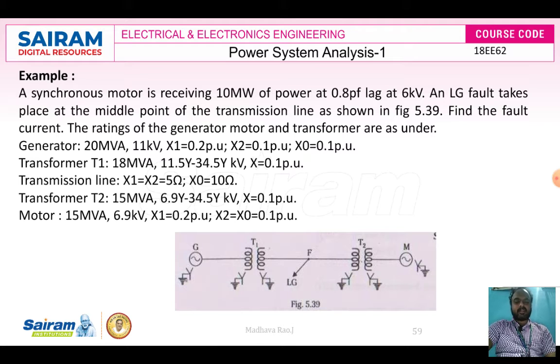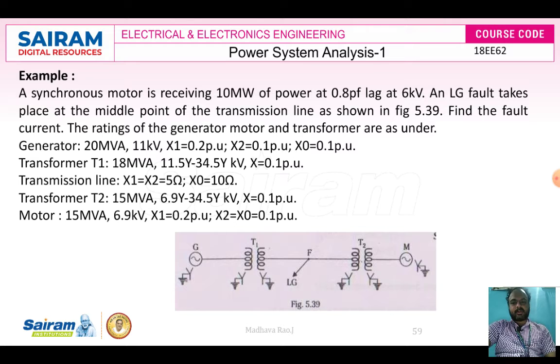Transformer T1 is rated 18 MVA, 11.5 to 13.5 kilovolt, the primary and secondary voltages, and reactance x is equal to 0.1 per unit. For the transmission lines, x1 is equal to x2 is equal to 5 ohm and x0 is equal to 10 ohm.